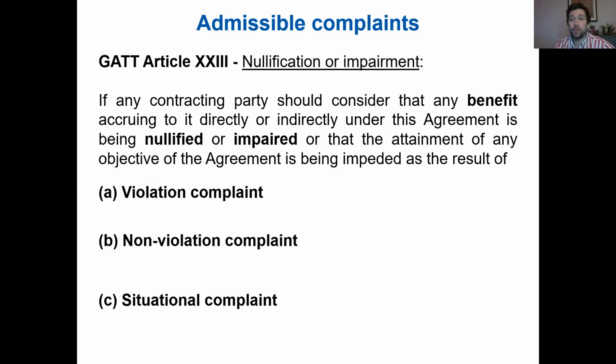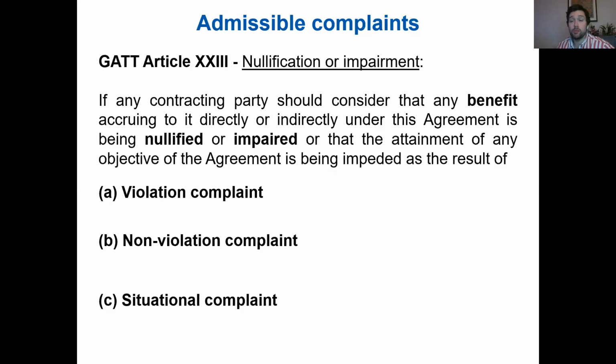Therefore, whenever we try to approach this problem from the formal Article 3.4 perspective, we are unable to establish a violation. However, it can be a non-violation complaint in case we demonstrate that indeed, as a result of this action, benefits that were accruing to other WTO members have been nullified or impaired.